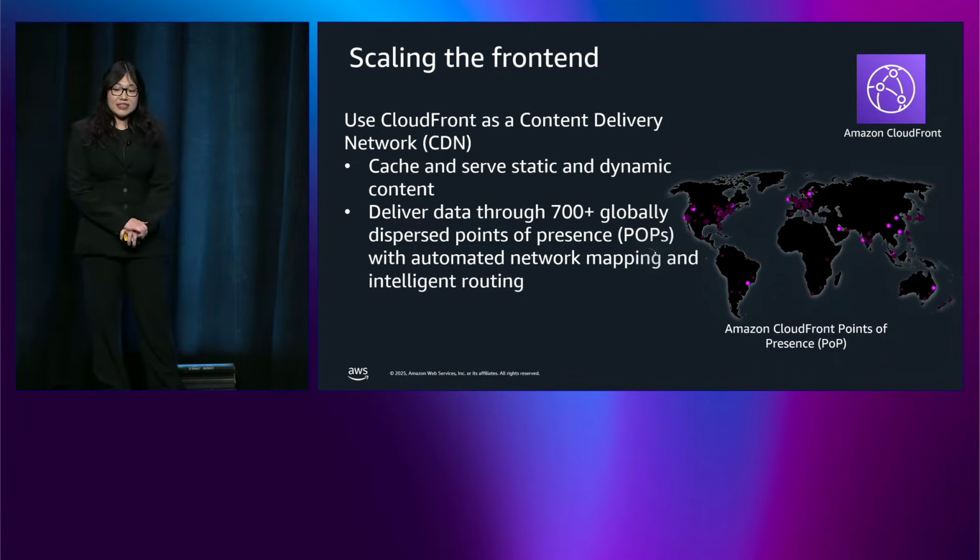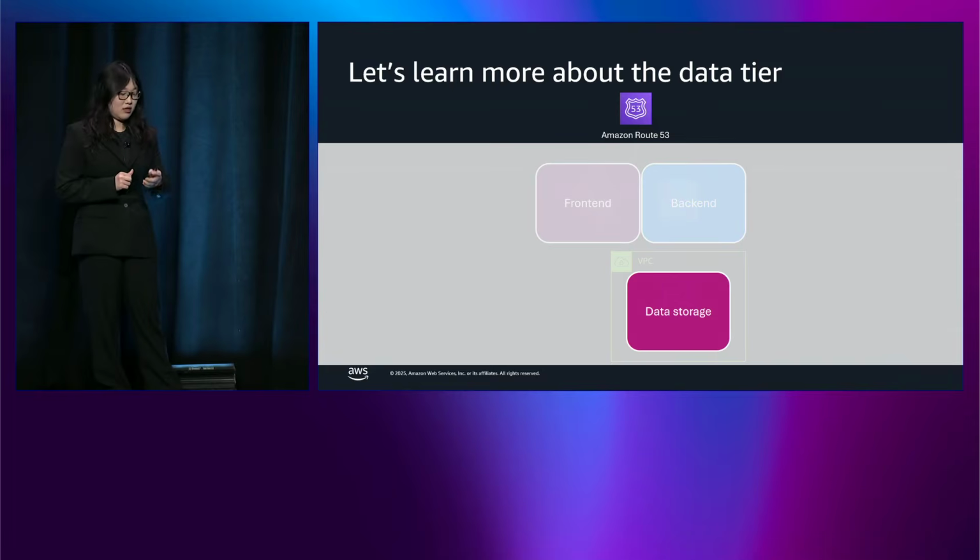This is one of the ways Skyscanner also scaled their front end. They used CloudFront, which is our content delivery network, and it's built on top of over 700 globally available points of presence. You want to make sure that you can cache your content closer to your end user to reduce latency.